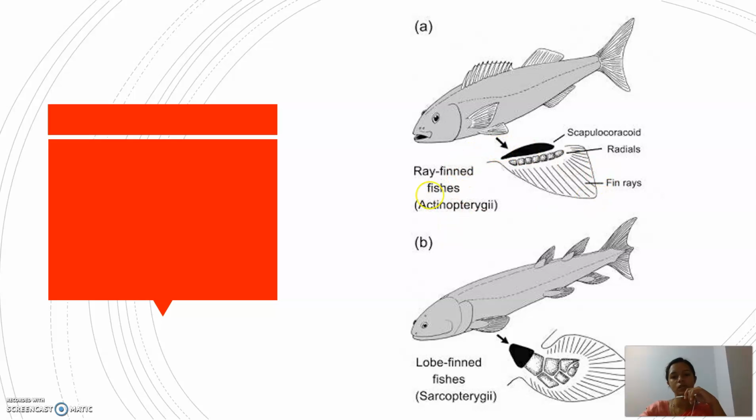The picture shows the difference between ray-finned fishes and lobe-finned fishes, the difference between Actinopterygii and Sarcopterygii. We can see that the lobe-finned fishes have bones corresponding to the femur, tibia and fibula.